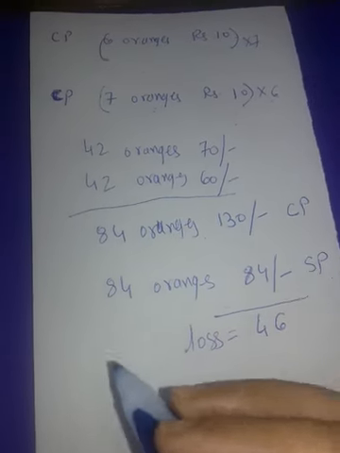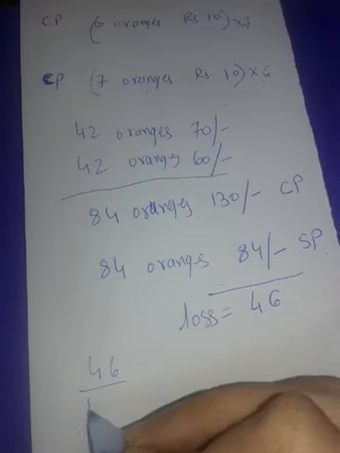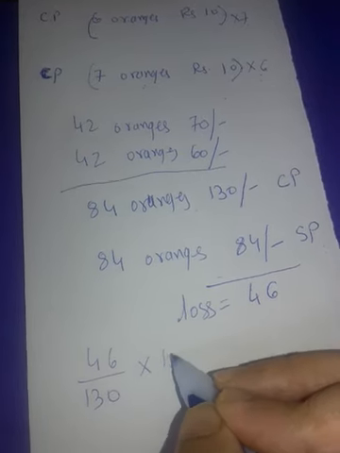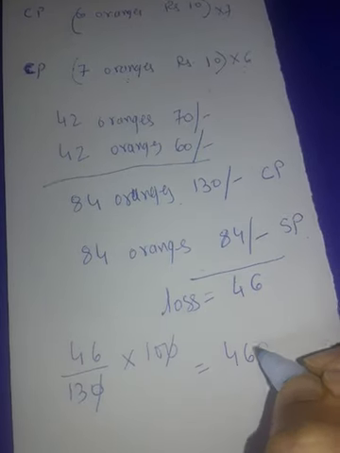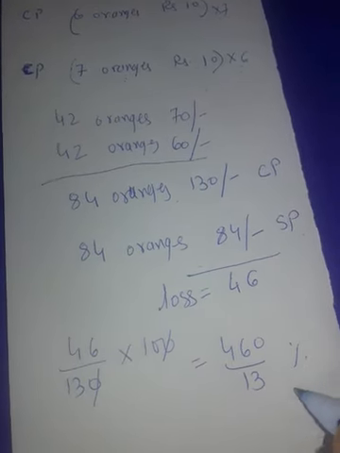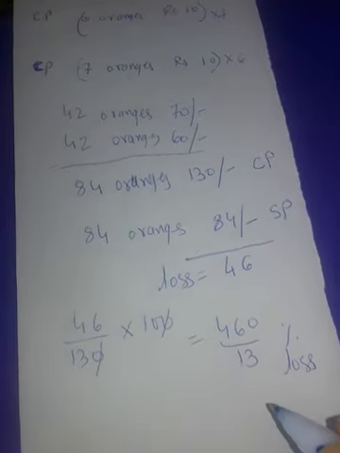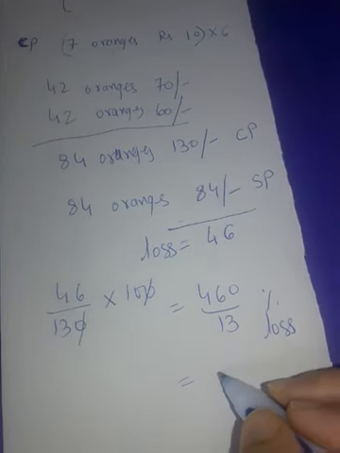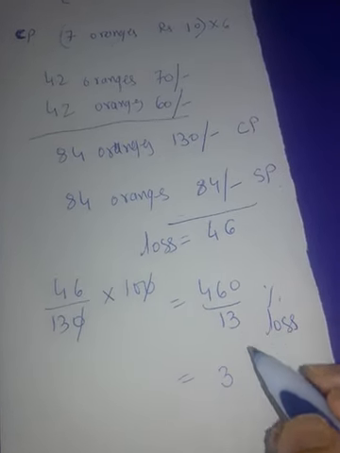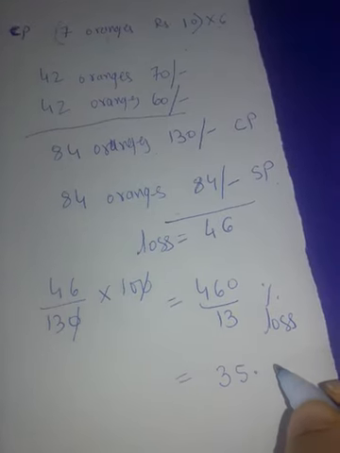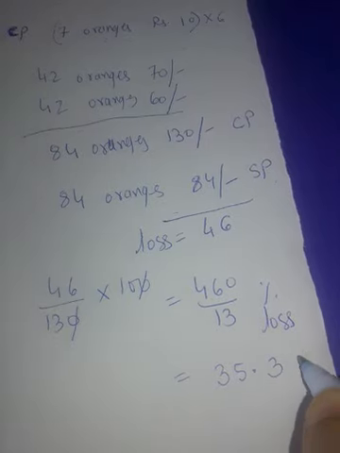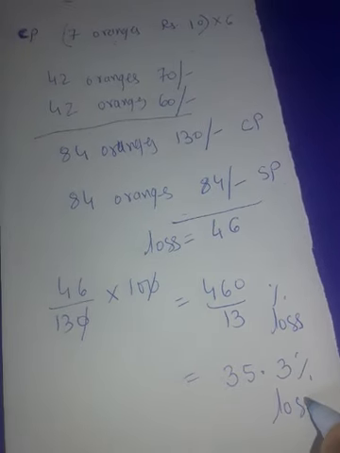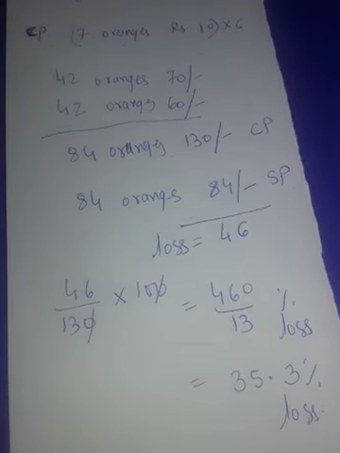Loss is always on cost price. So 46 upon 130 into 100. This is 460 upon 13% loss. We can also convert it. 13 3s are 39, then 13 5s are 65, and then 13 3s are again 39. 35.3% loss.